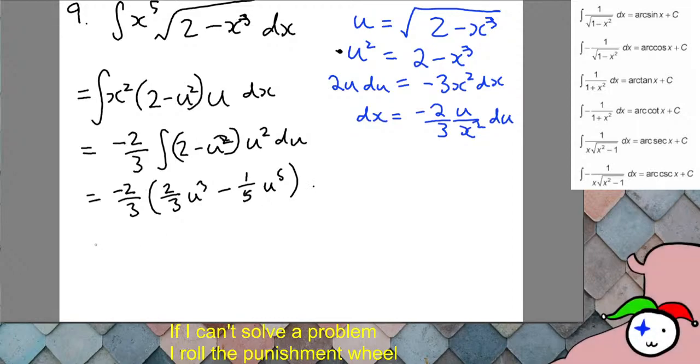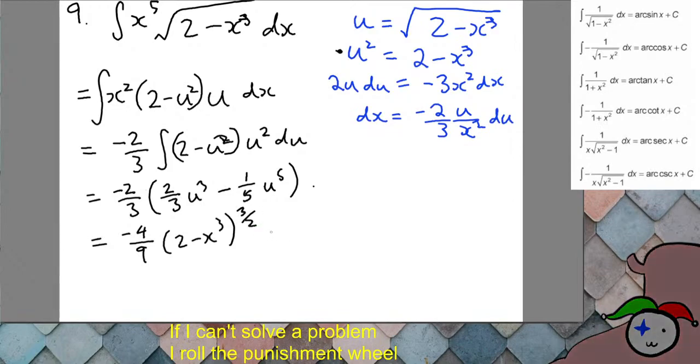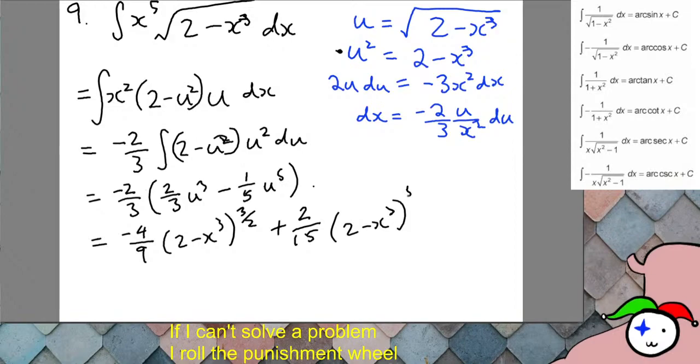Yeah, which then we can go back to the original, which is now minus 4 over 9 times 2 minus x cubed to the 3 over 2, plus 2/15 of 2 minus x cubed to the 5 over 2 plus c. I guess I should put plus c here as well.